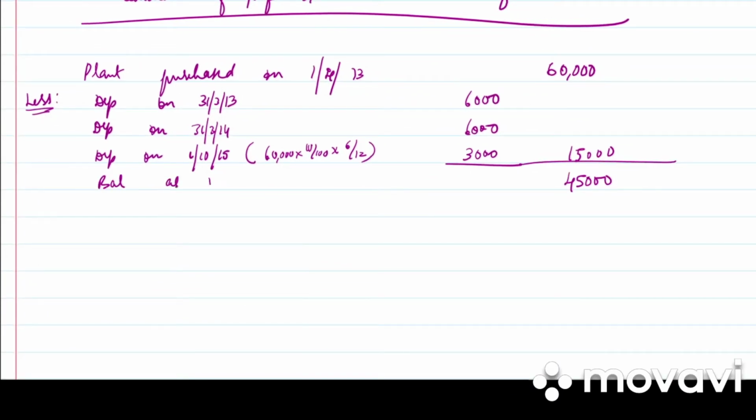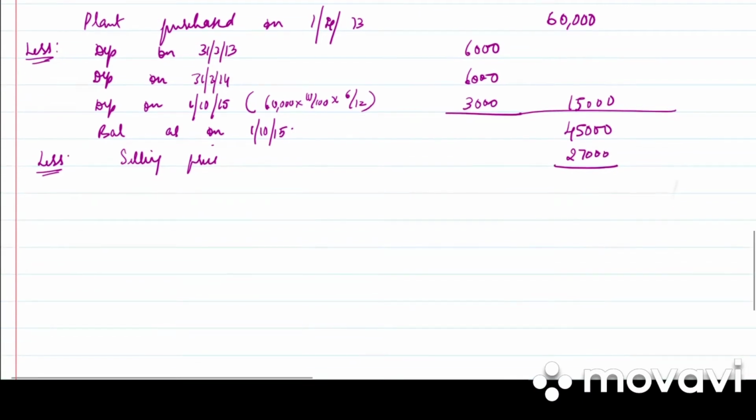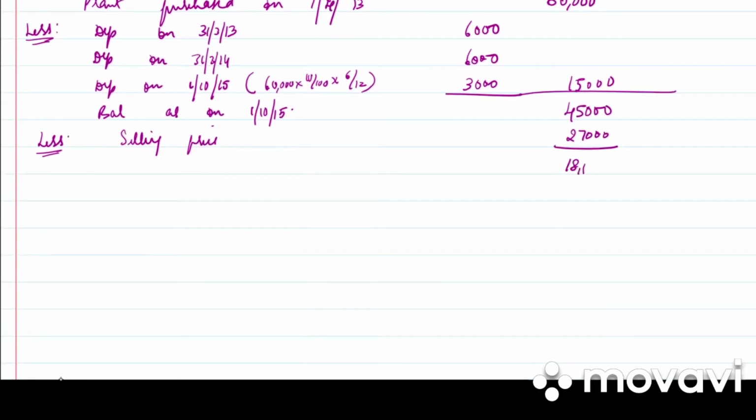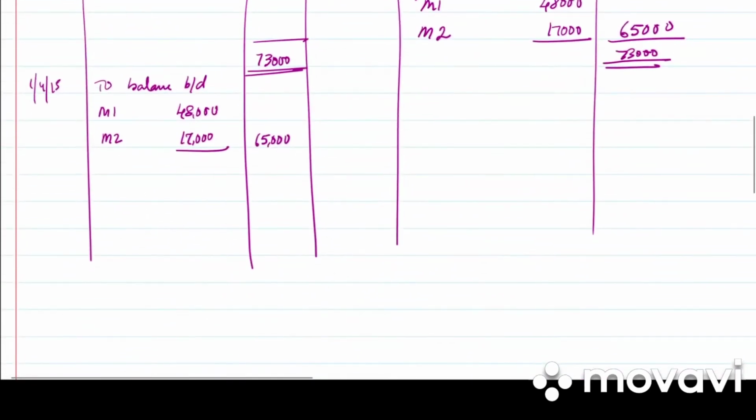Balance as on 1st October 2015 less selling price. We sold for 27,000. We get 18,000. So this is loss on sale of machinery 1. How much is it? 18,000.